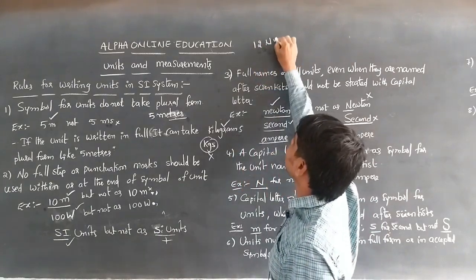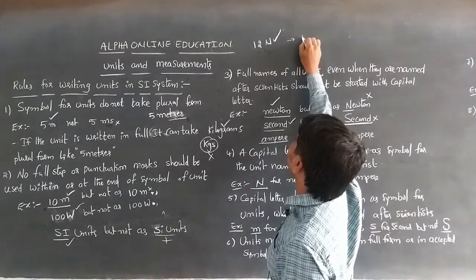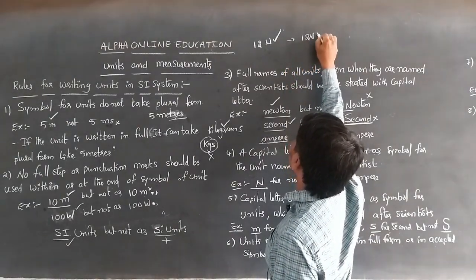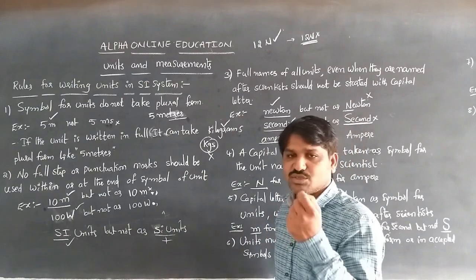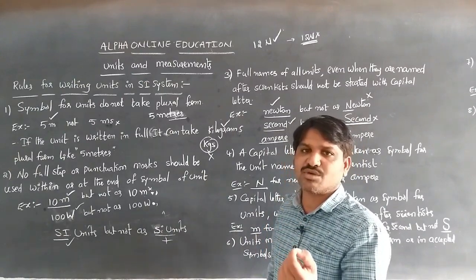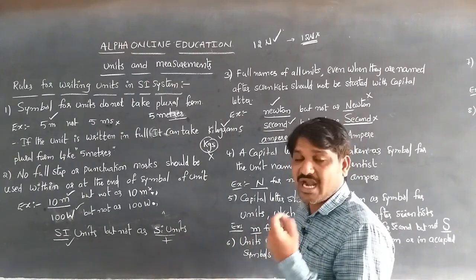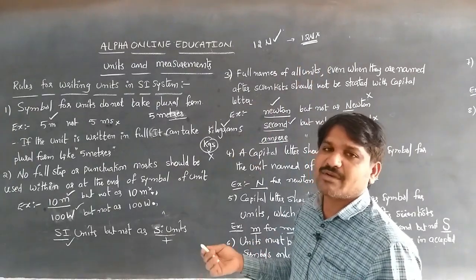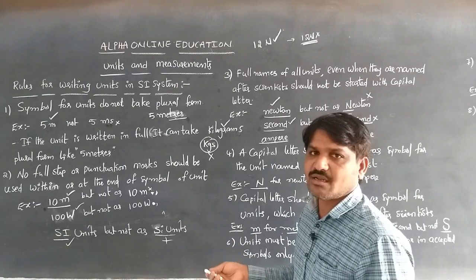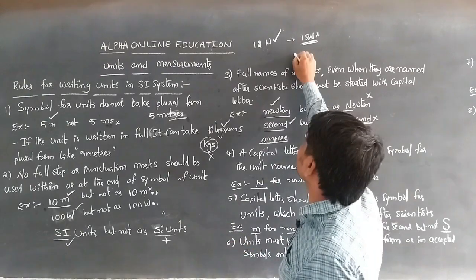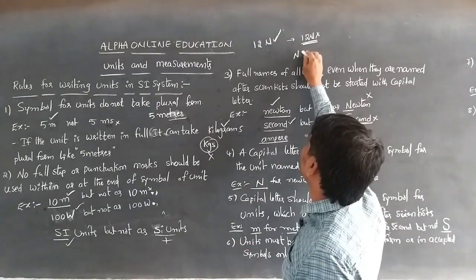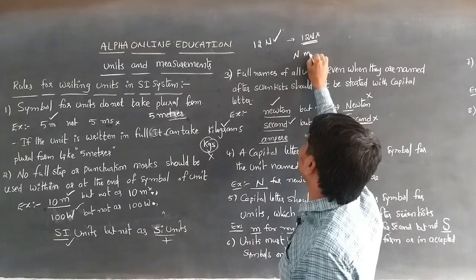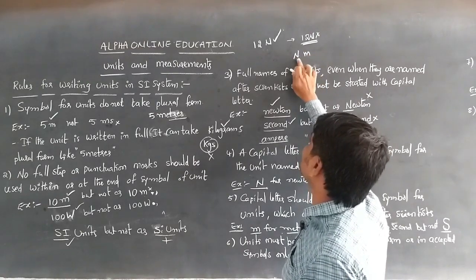This is the correct way. If you write 12newton without a space, that will be wrong. For compound units like meter per second, newton per meter, or radian per second, and also newton meter, we should give a space between the components, such as between newton and meter.